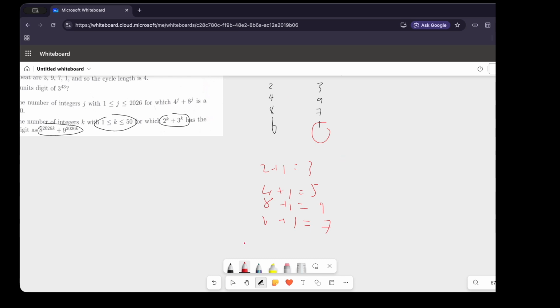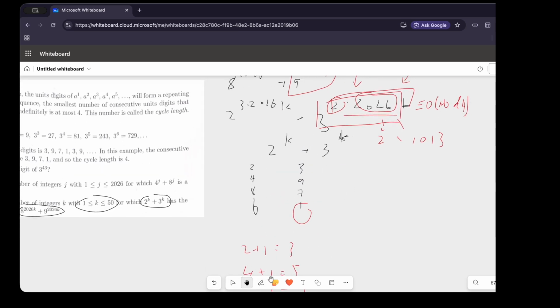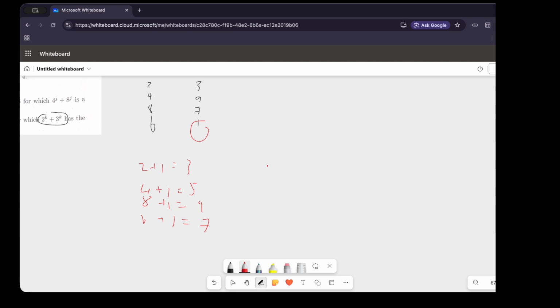And here we go back to 2^k plus 3^k. Since the exponents are the same, k, the possible unit digits for this one are 2 plus 3 equals 5, 4 plus 9 equals 13 so 3... 9, 8 plus 7 equals 15, 6 plus 1 equals 7.